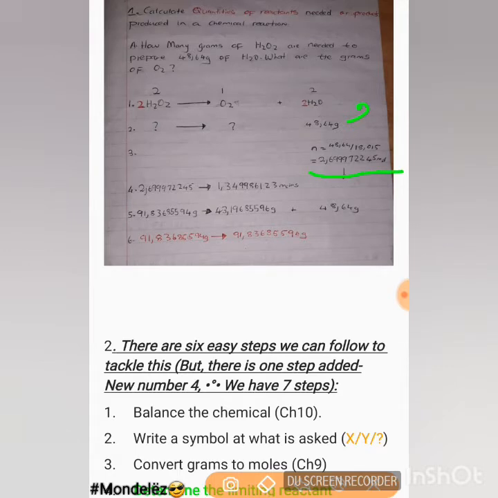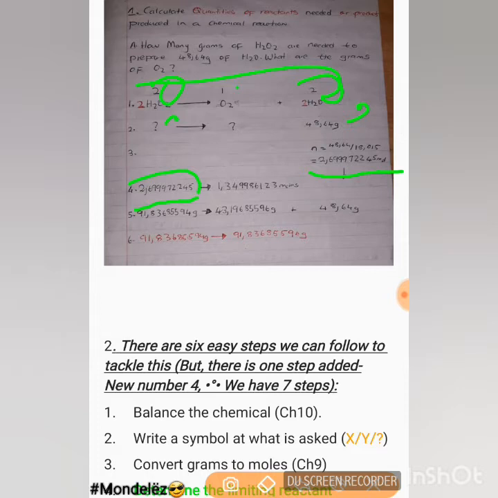And then on the fourth step, that's where we use the ratio. We can see that H2O2 has 2, the ratio there is 2:1:2, and H2O also has 2. Therefore H2O2 will have the same number of moles as H2O. We still have 2.699972245 moles.